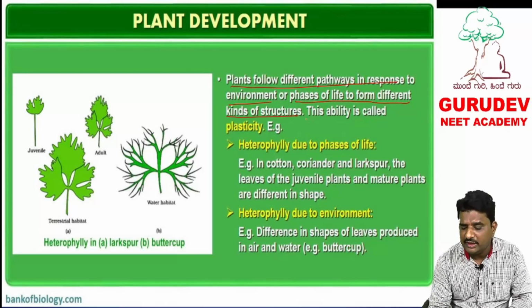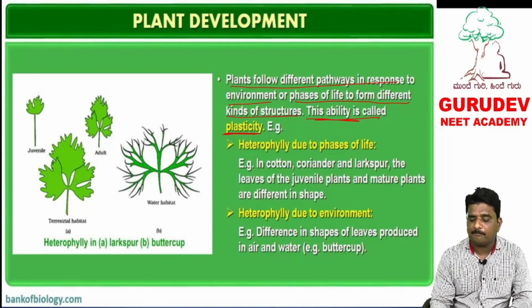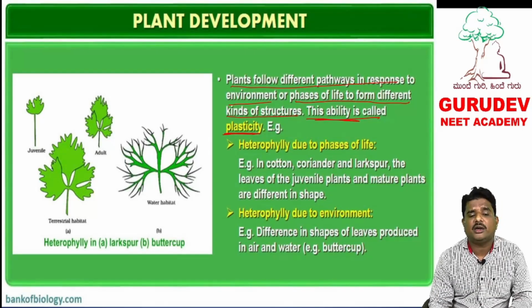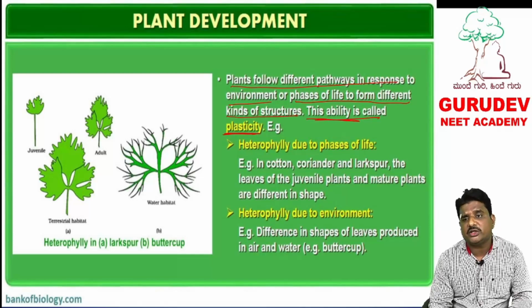This ability is called plasticity. In response to different environmental conditions, a plant can form different structures in its leaf. The structure of the leaf also changes, and the shape of the leaf also changes according to the environment.